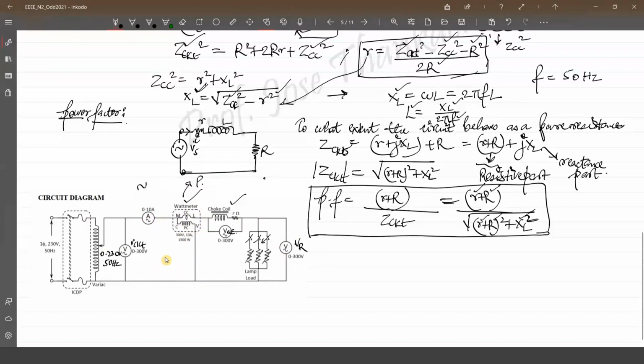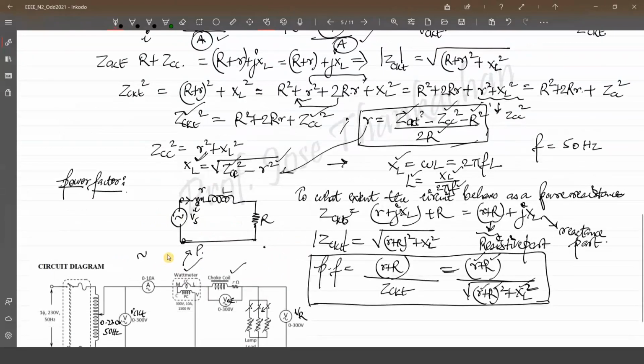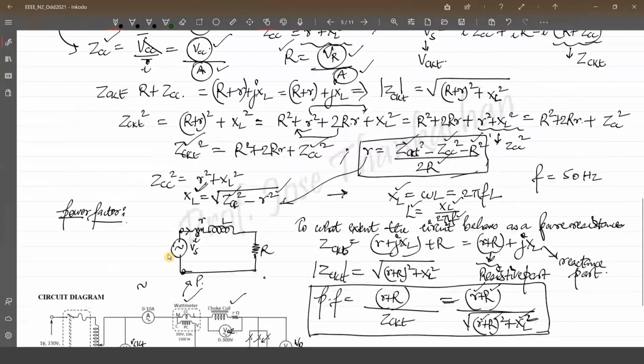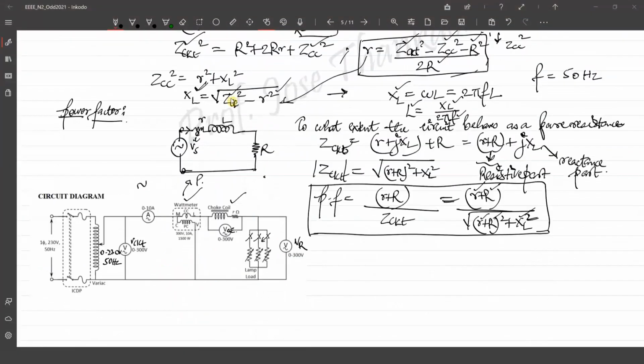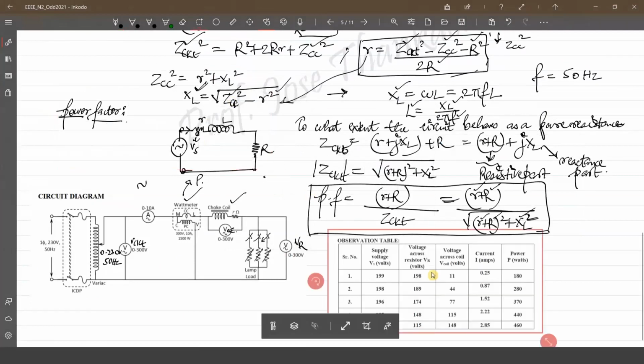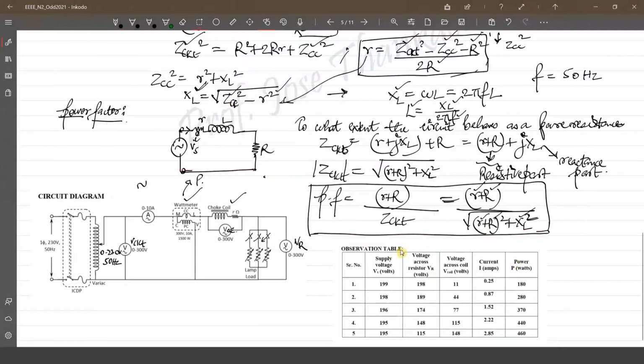Now I'm going to show what are the readings and the observation table which you have to follow here. Can you see what are the things which we are measuring? This is the observation table. This is supply voltage Vs, the V circuit voltage.